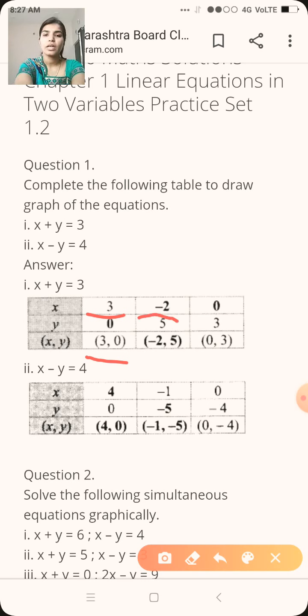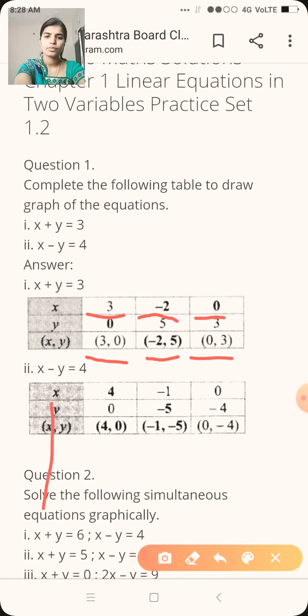That means your coordinate is become minus 2, 5. And similarly, if the value of y is 3, then you will get the value of x is also 0. So your third coordinate is 0, 3. It is very simple to find out the values of coordinates. If the one coordinate is given, you can just put the value of that first coordinate into your equation, then you will get your second coordinate.